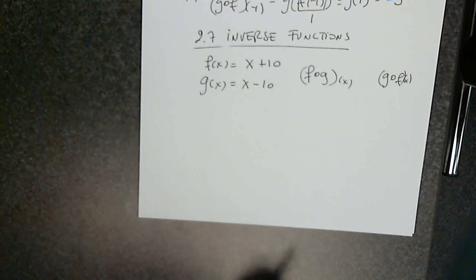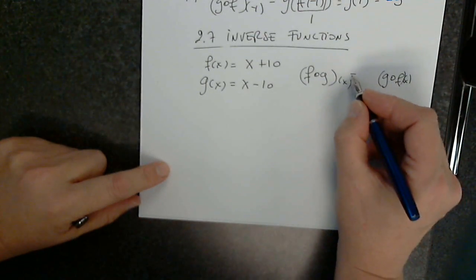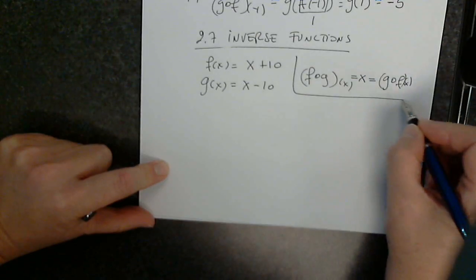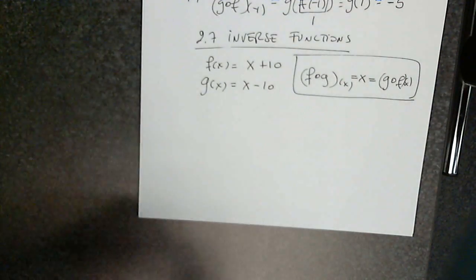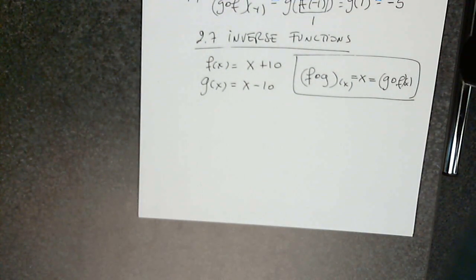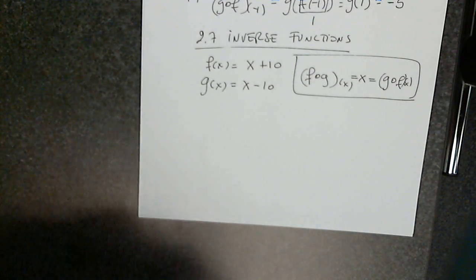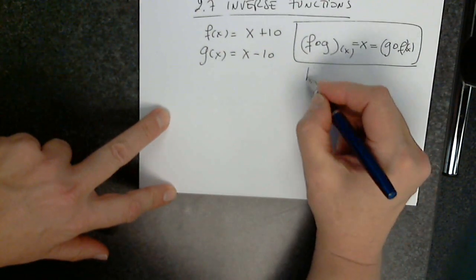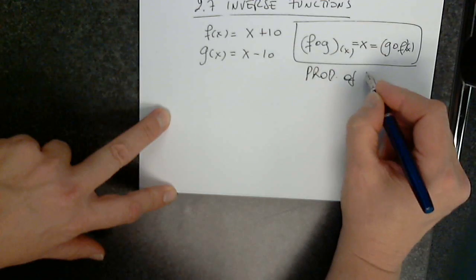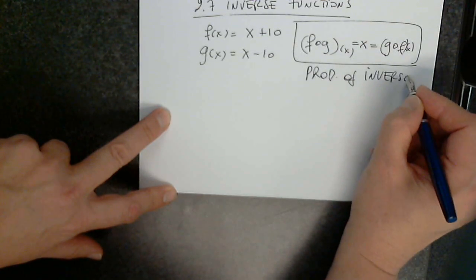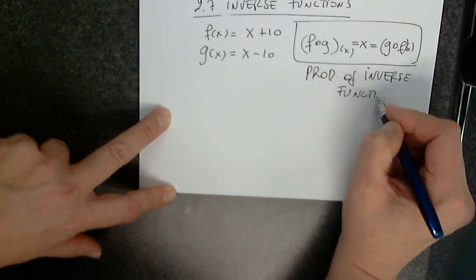But I still have my x. What happened to x? Nothing. So this is the answer. And this happens only if f and g are inverses of each other. So this is the property of inverse functions.